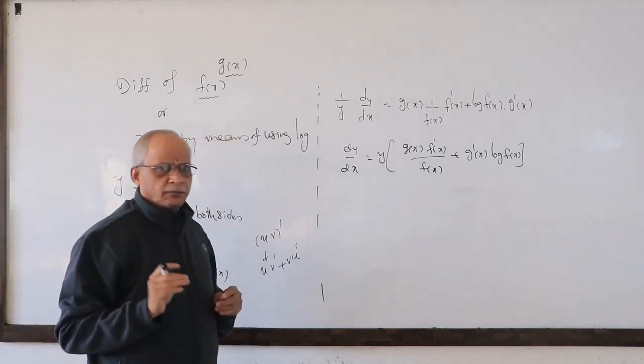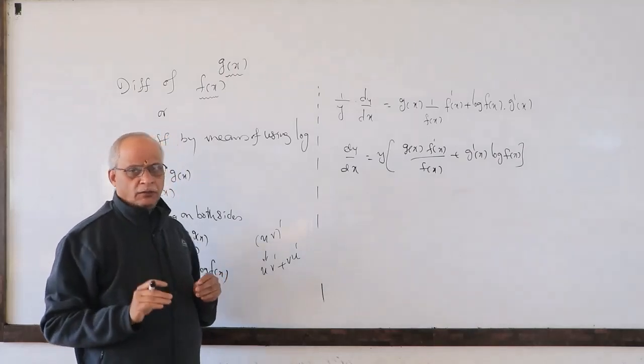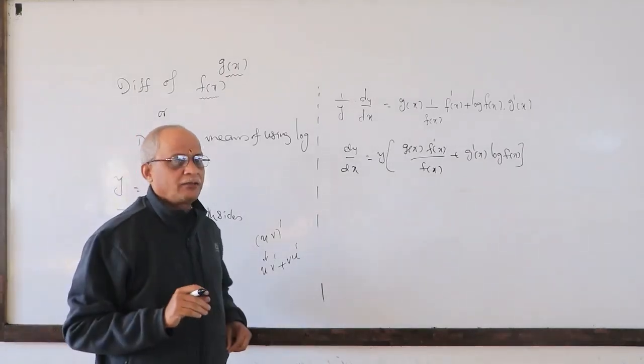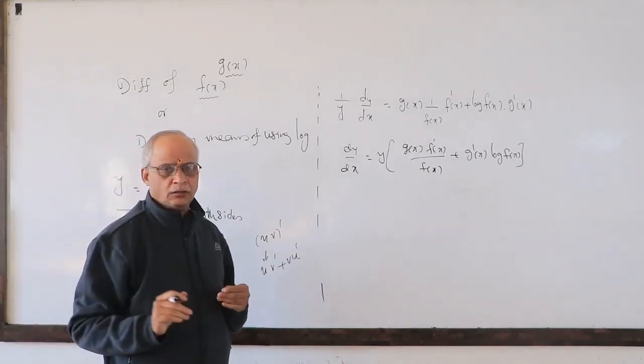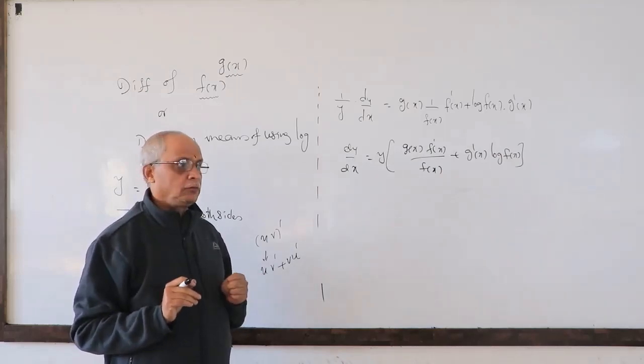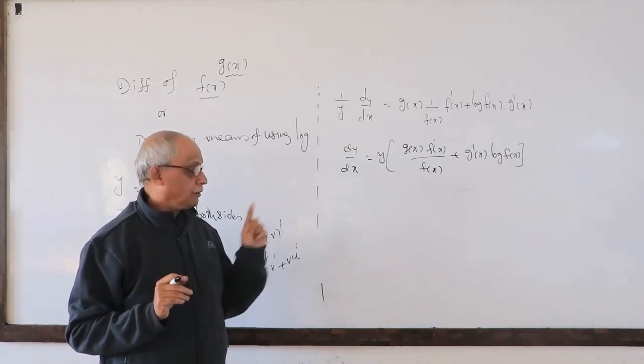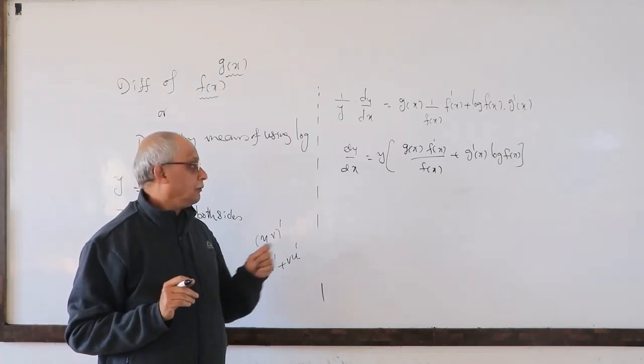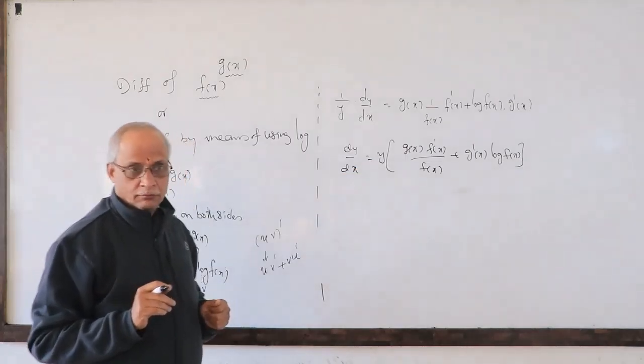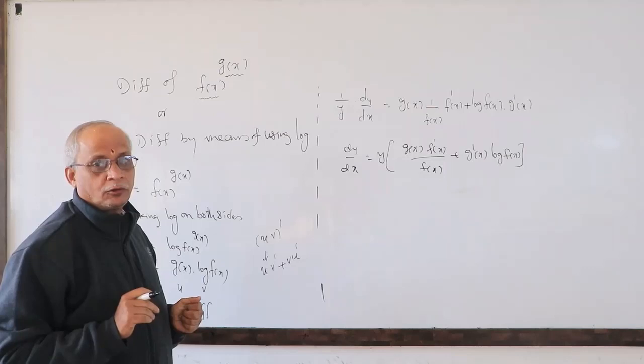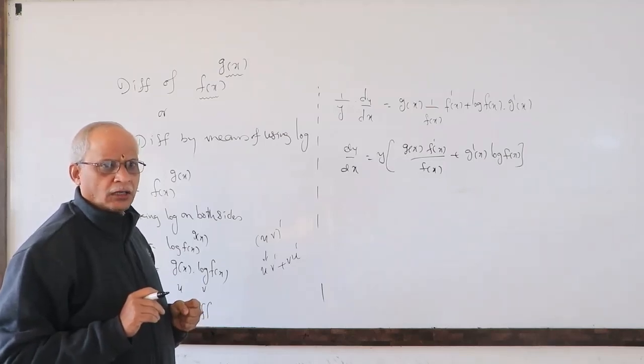As per the rule of differentiation, the method is finished. As far as the answer is concerned, there is still one more step ahead. What is that? Y. Why is this y present? We have to remove that y, because we started by taking y.